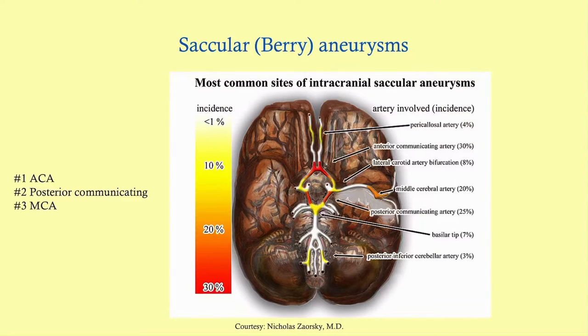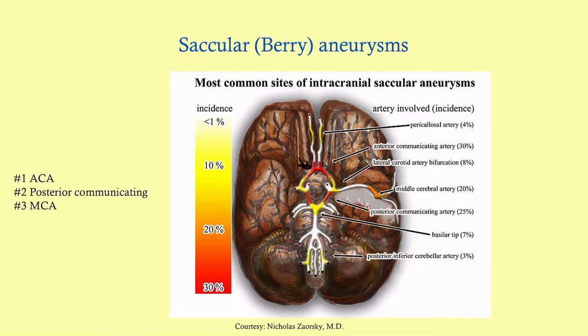Now, another thing that's important for you to know is where berry aneurysms take place, also known as saccular aneurysms. So these are the main areas here in the red that are affected by berry aneurysms. The most common place that we see it is in the first part of the anterior cerebral artery. So right here. And it's right around where we have the anterior communicating artery coming off.